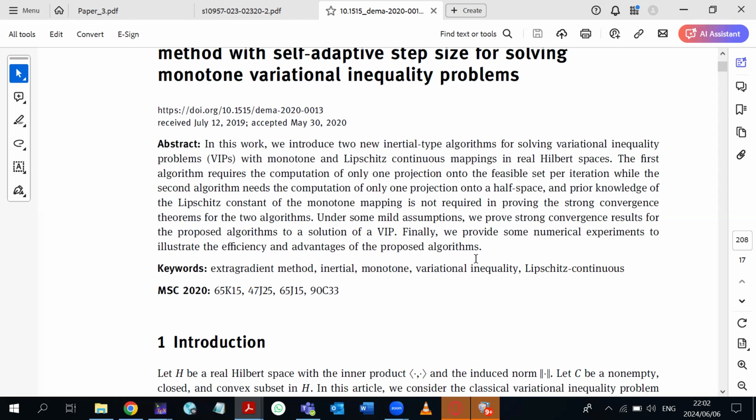And also the knowledge of the Lipschitz constant is not required. Looking at Lipschitz continuity, the assumption requirement of that Lipschitz constant is not used.